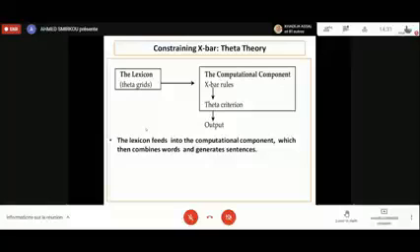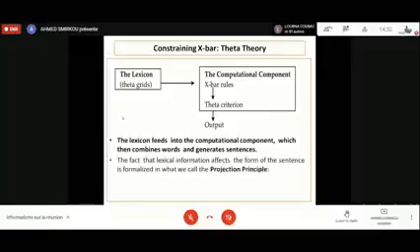The computation component takes this information and tries to link words together, following, for example, X-bar rules. But then when we move to theta criterion, the theta criterion rules out any sentence where there is no correspondence between the theta roles and the arguments.